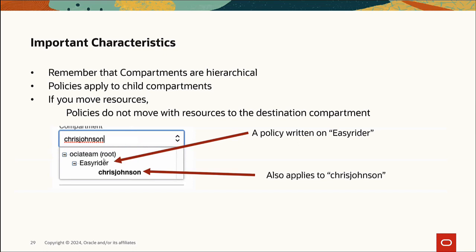Or you can create a policy that says, for example, Easy Rider has manage access to a certain specific type of resource, and that policy will apply to all the child compartments under Easy Rider. So you inherit policies from the parent compartment.